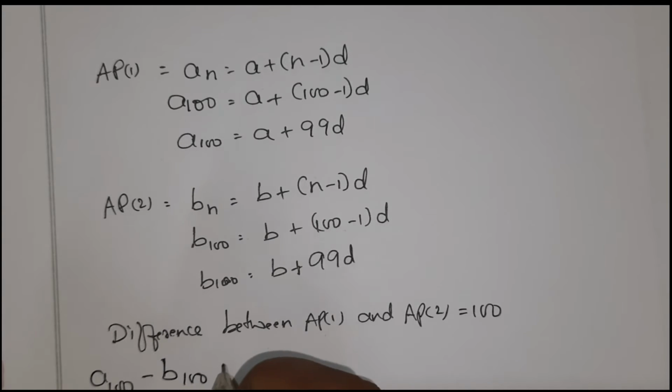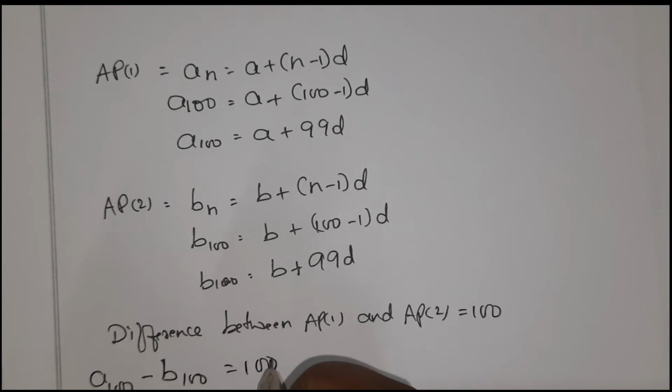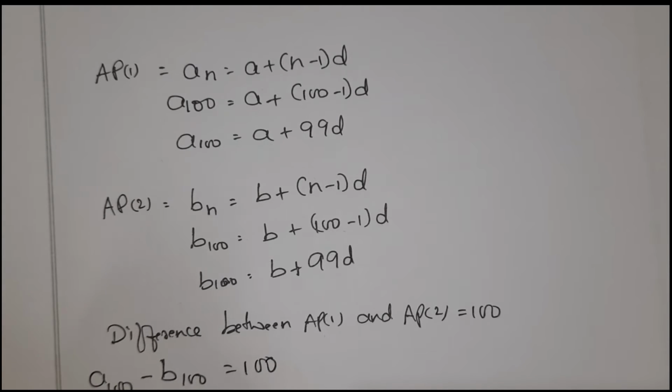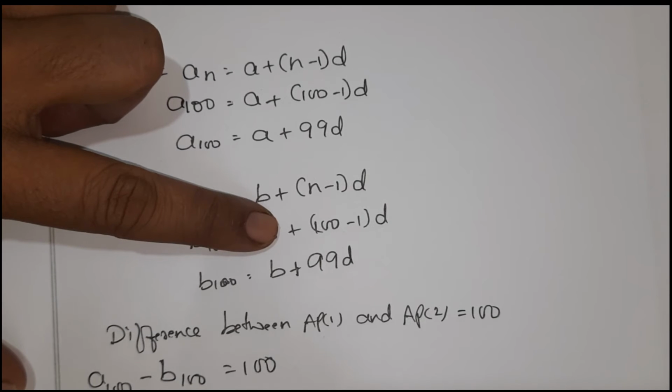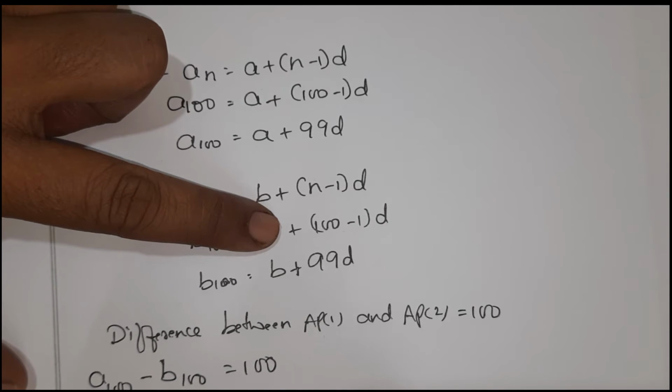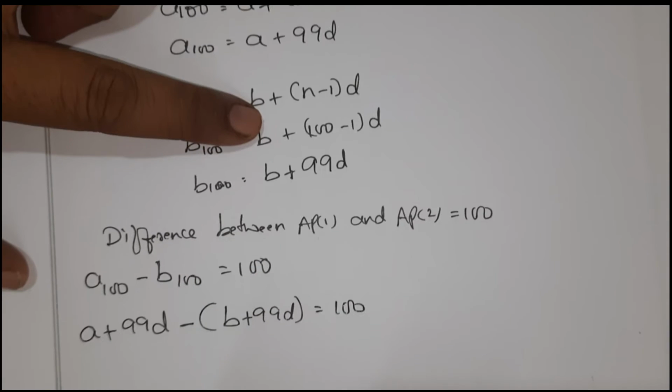That is, A100 minus B100 equals 100. Now let us substitute with the equations: A100 is a plus 99d, minus B100, which is b plus 99d, and this is equal to 100.